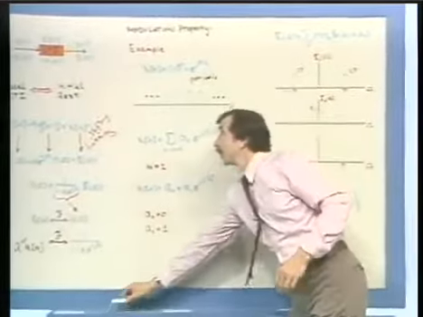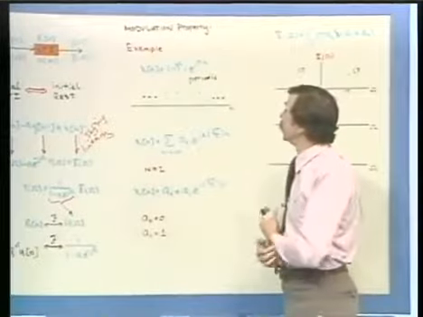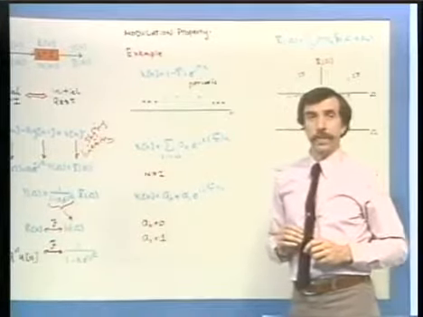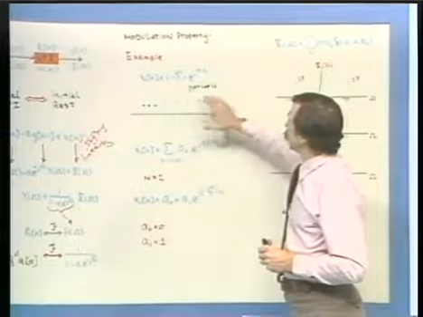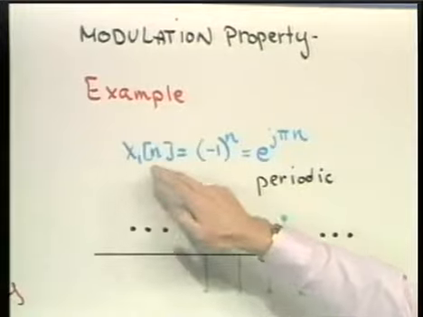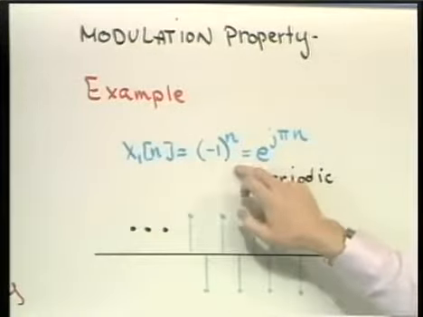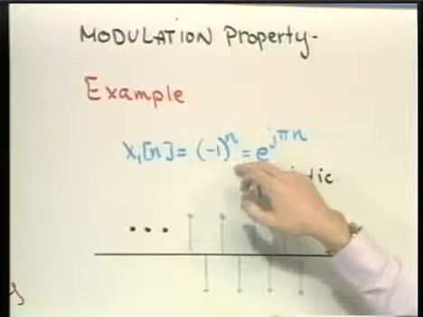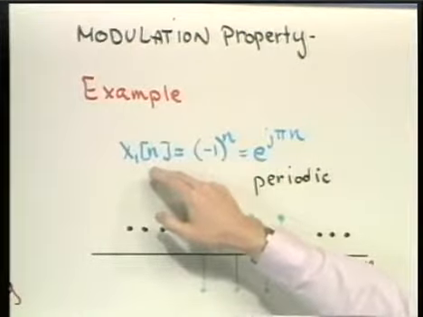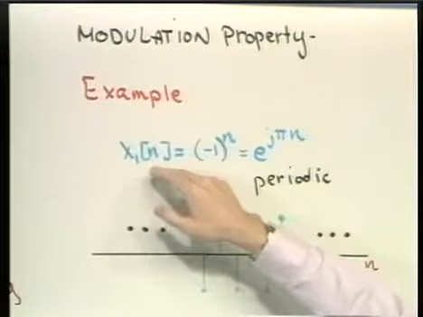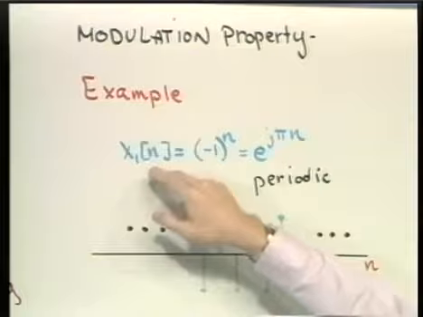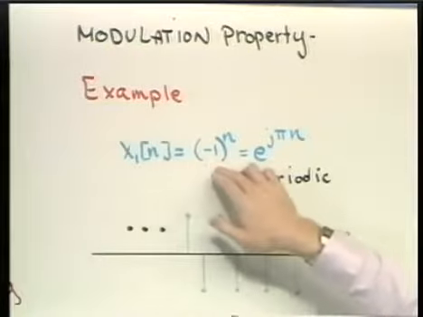The example that I want to pick is an example in which we consider modulating a signal with another signal x of n, or x1 of n as I indicated here, which is minus 1 to the n. Essentially what that says is that any signal which I modulate with this, in effect, corresponds to taking the original signal and then going through that signal, alternating the algebraic signs.